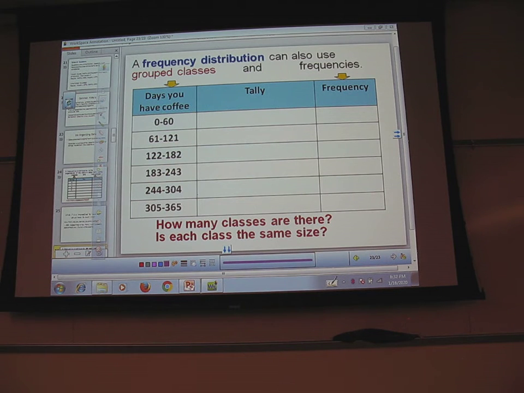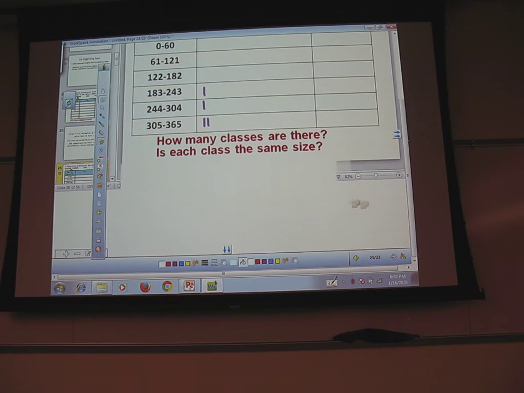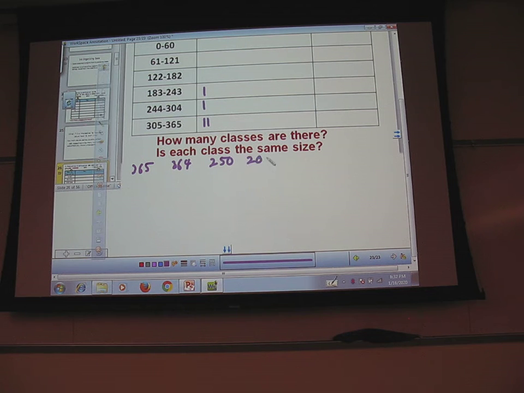Okay, ready, set, go. 364. 365. 200. 250. 67. You know what, I should write this down. I just realized something. Hold on. So we had 365, 364, 250, 200.